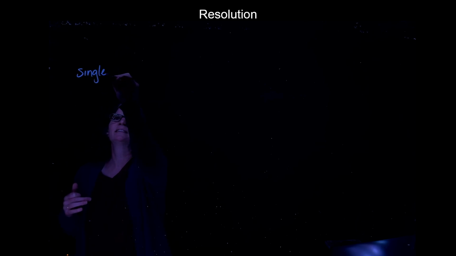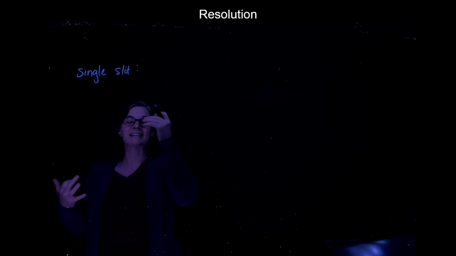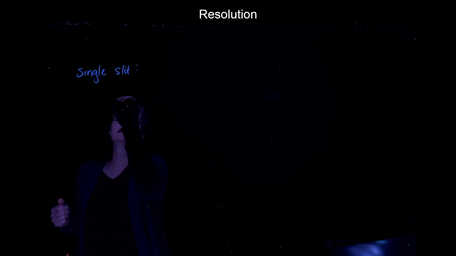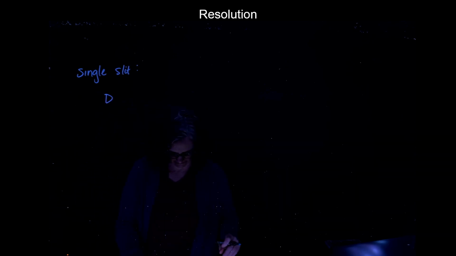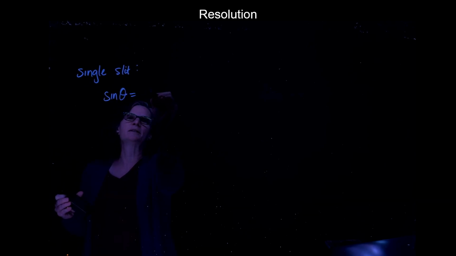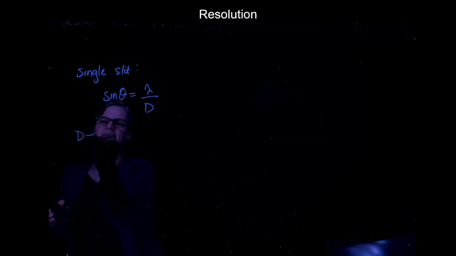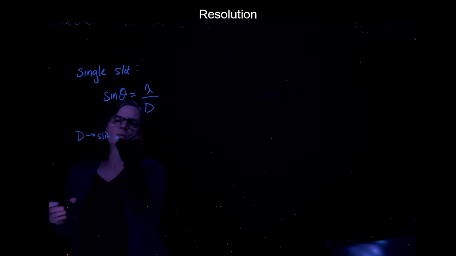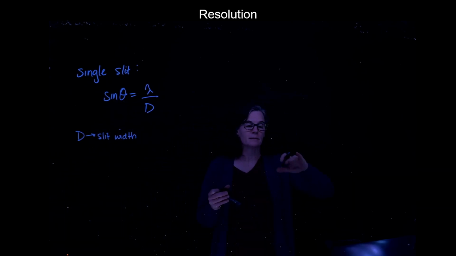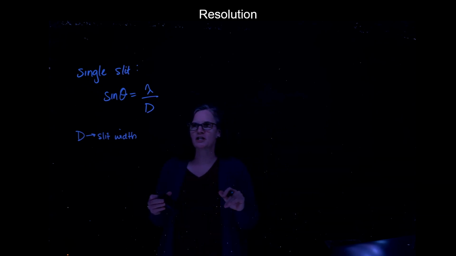All right. So keep in mind, for a single slit, we know that the first maxima is at an angle where the sine of the angle is equal to the wavelength of the light over d, where in this case d is our slit width. And when we have that, we get those central maxima and those subsequent fringes.